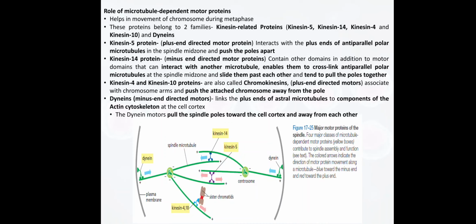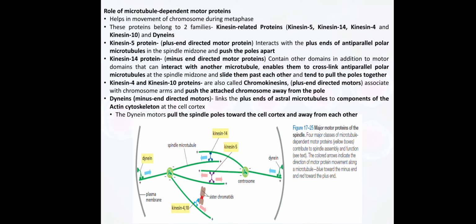Kinesin 5 is a plus end directed motor protein which interacts with the plus ends of antiparallel polar microtubules in the spindle midzone and pushes the poles apart. Kinesin 14 proteins are minus end directed motor proteins. In addition to their motor domain, they contain other domains that can interact with another microtubule, enabling them to cross-link antiparallel polar microtubules in the spindle midzone and slide them past each other, and they tend to pull the poles together.